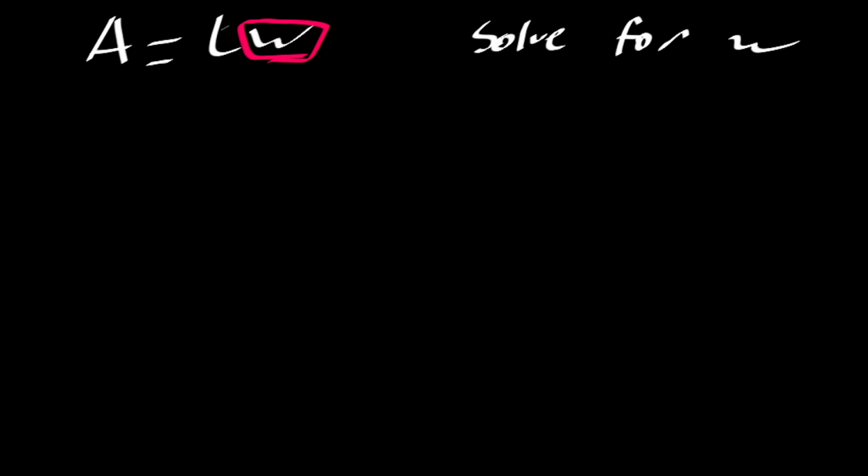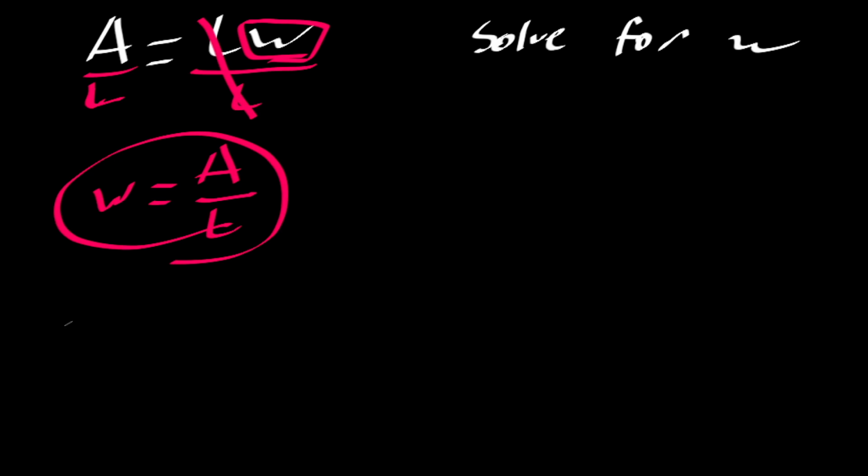So my job is to know what's happening between L and W. And if they're right beside each other, that means multiplication. So to get rid of it, to do the inverse operation, we would divide by L. So they would cancel here. So then W would equal A divided by L, and we're finished.